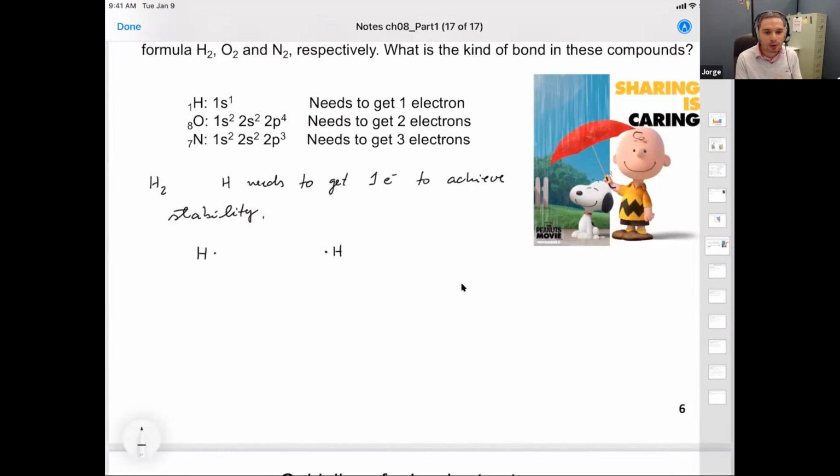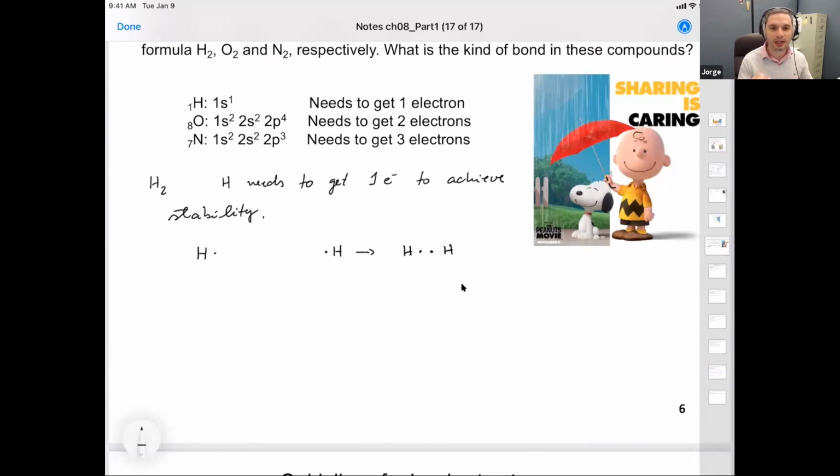One hydrogen looks to the other one and has the brilliant idea to, instead of losing and gaining electrons, why don't we share what we have? In sharing what they have, they are going to combine, get really close together, and now both of the electrons are shared between the two atoms.